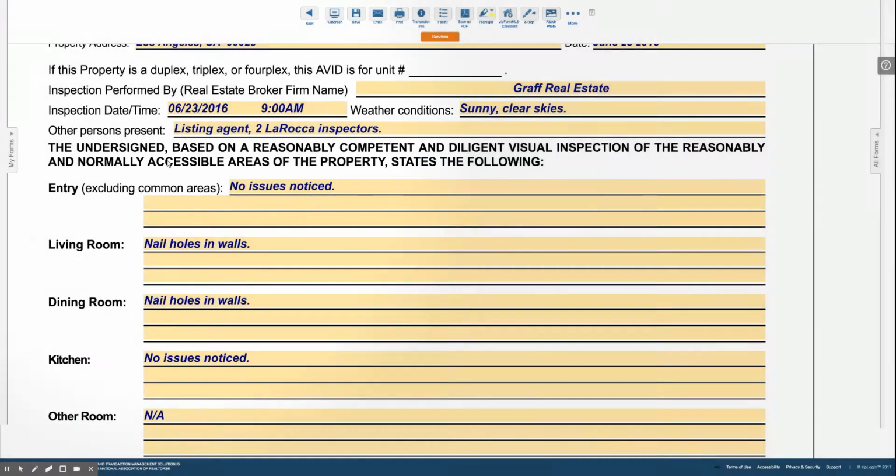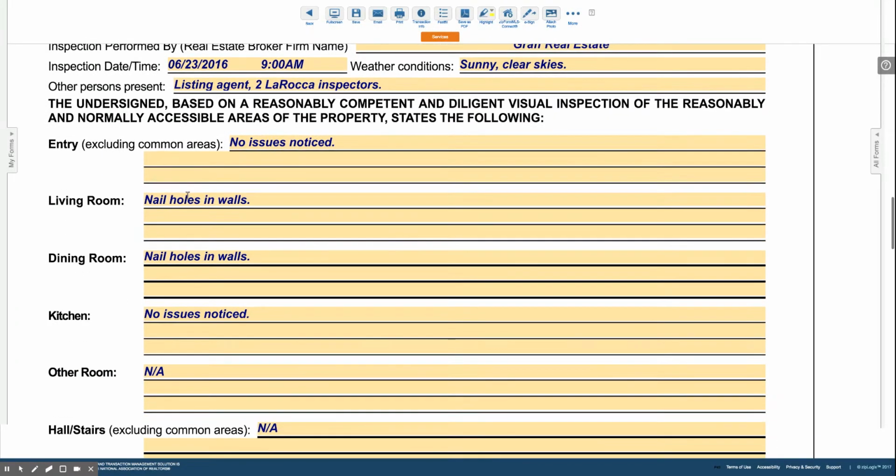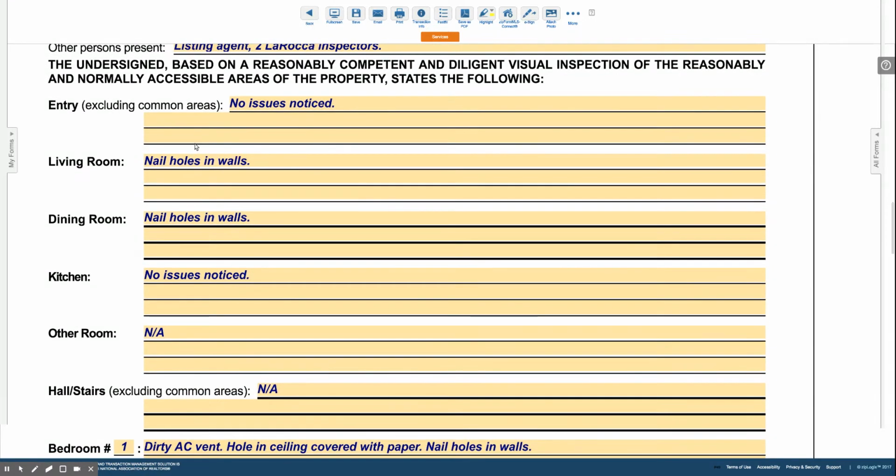So then you're going to get into the actual visual inspection, and it's fairly easy. You would think you just note issues that you see: a stain in the carpet, or some mark, a black mark on the wall. Those are things that you would point out.